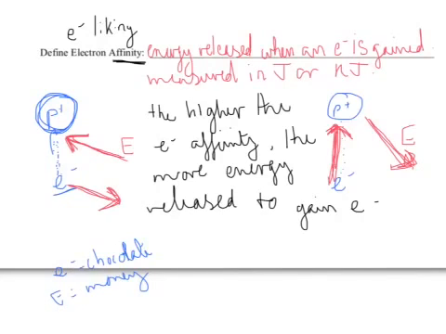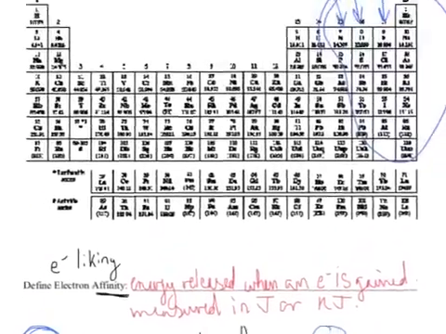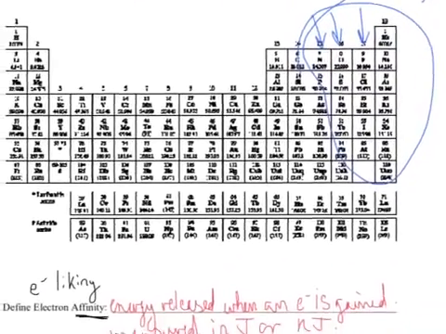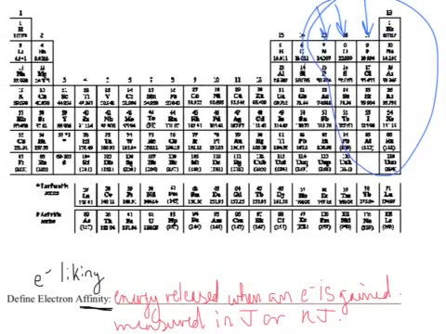Okay. Now we did a couple of demos in class. Obviously I can't do these here. We looked at the halogen family and we found out that reactivity for halogens actually decreases as you go down. Basically, fluorine ends up being the most reactive nonmetal.